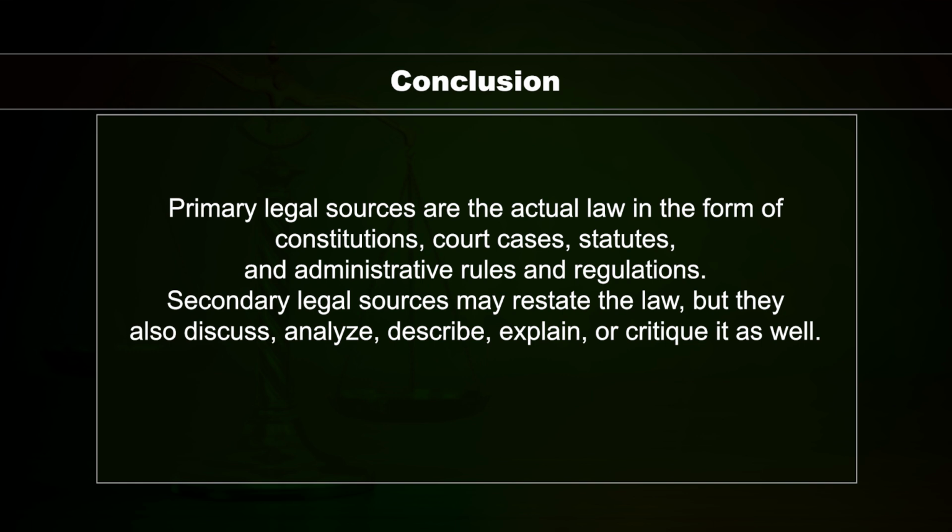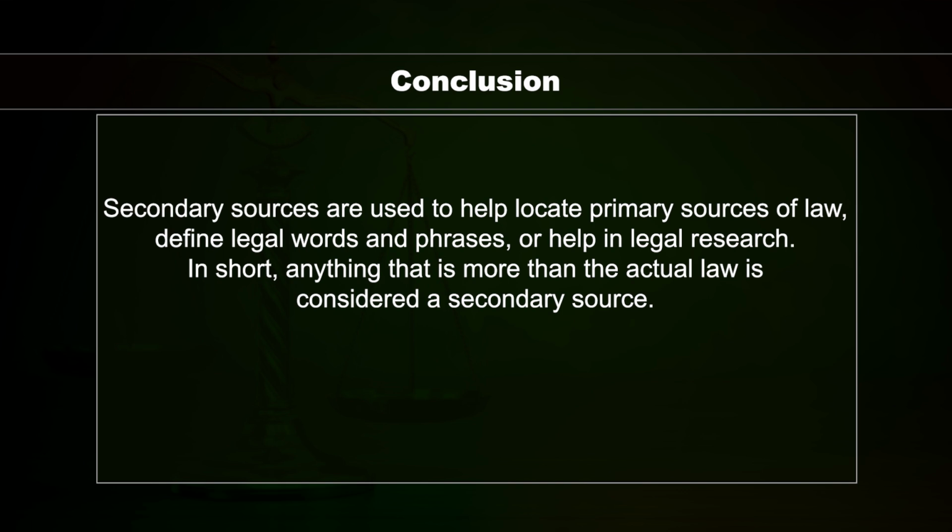Secondary legal sources may relate the law, but they also discuss, analyze, describe, explain, or critique it as well. Secondary sources are used to help locate primary sources of law, define legal words and phrases, or help in legal research. In short, anything that is more than the actual law is considered a secondary source.